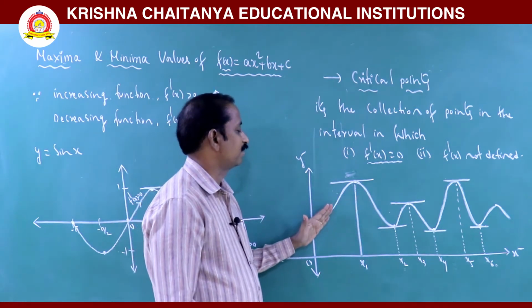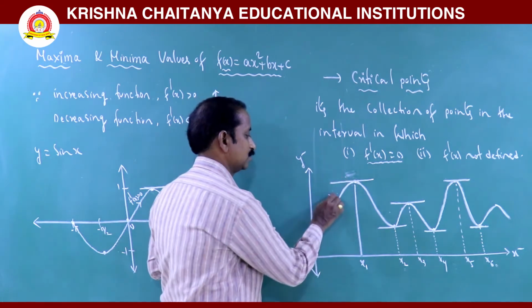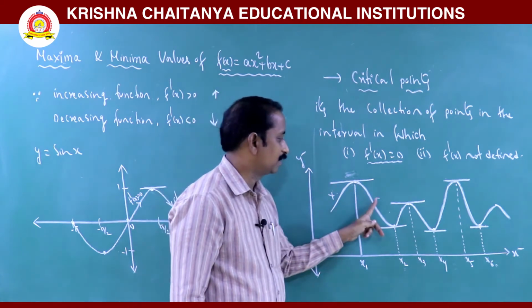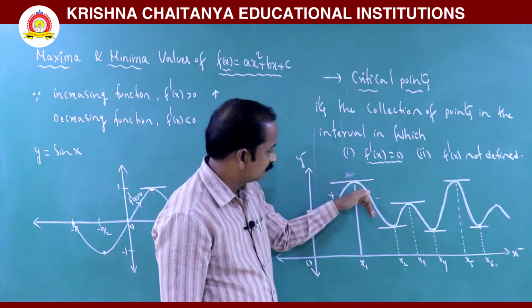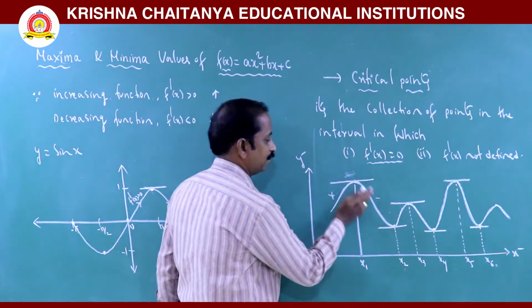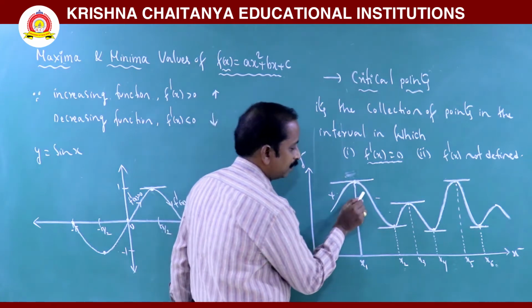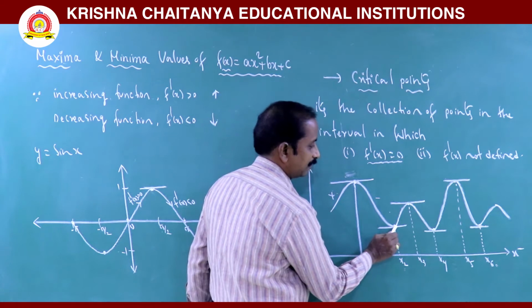Here the function is increasing, f dash of x greater than 0. So this is positive, this is negative. F dash of x greater than 0, f dash of x less than 0, the curve has a maximum. Went up to went down, here it is the maximum value, and went down to went up, so here is the least value.